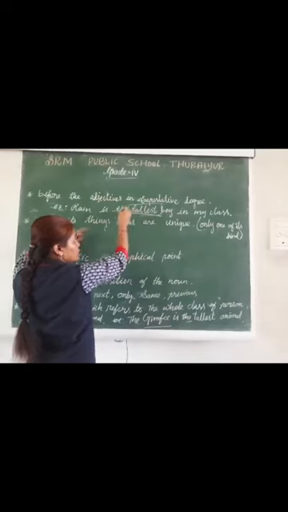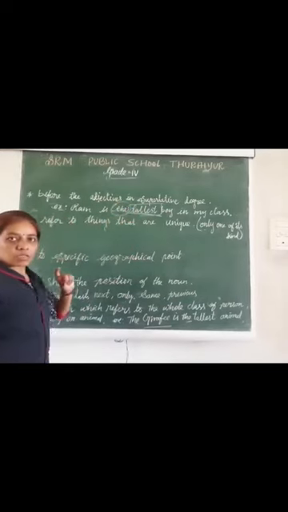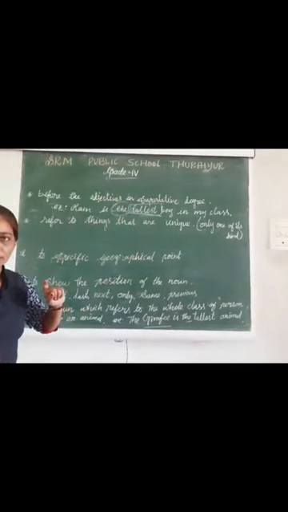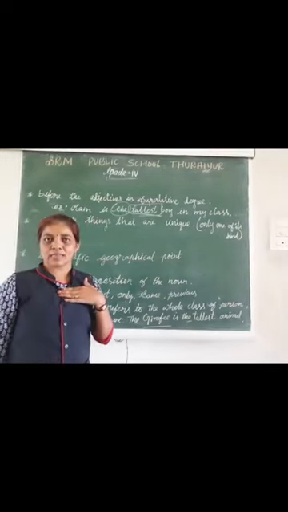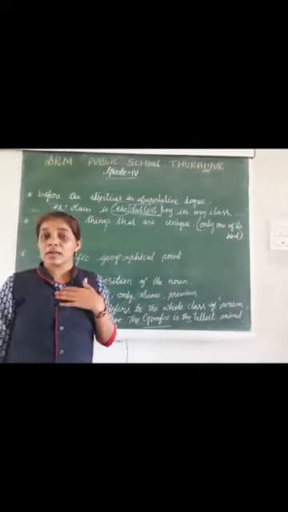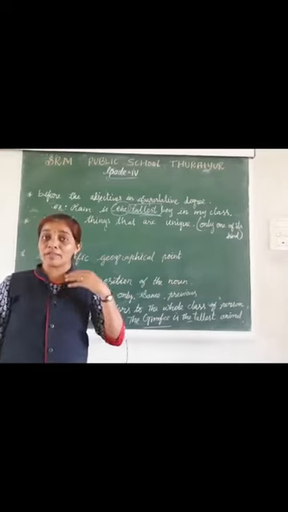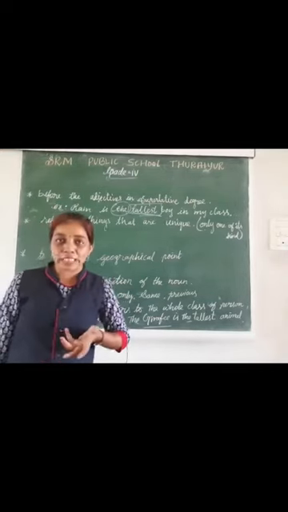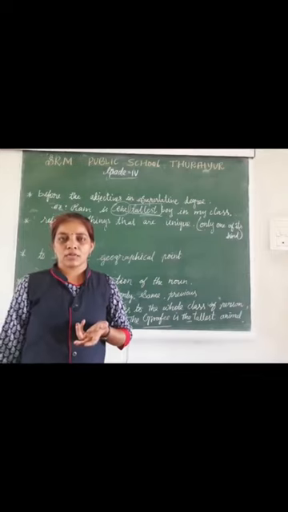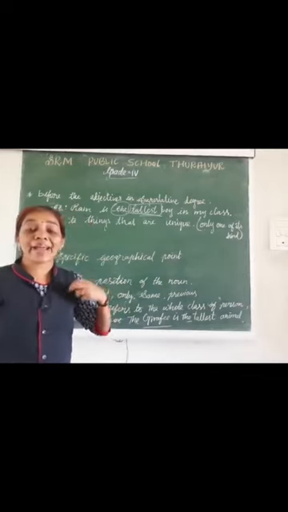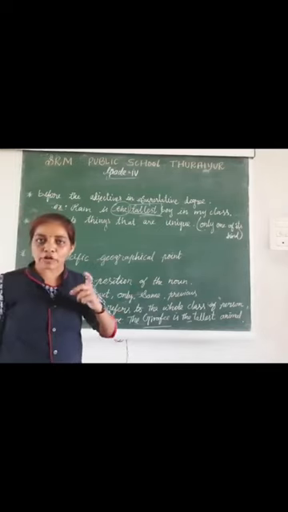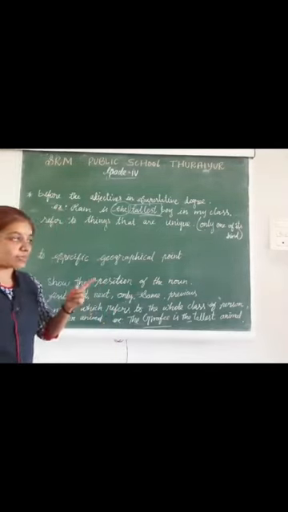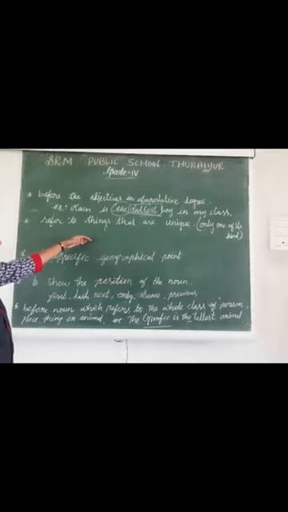Before this tallest, we have to use "the". Are you clear? The cleverest girl. Before the superlative we have to use "the". Got it? We will go to the next rule.